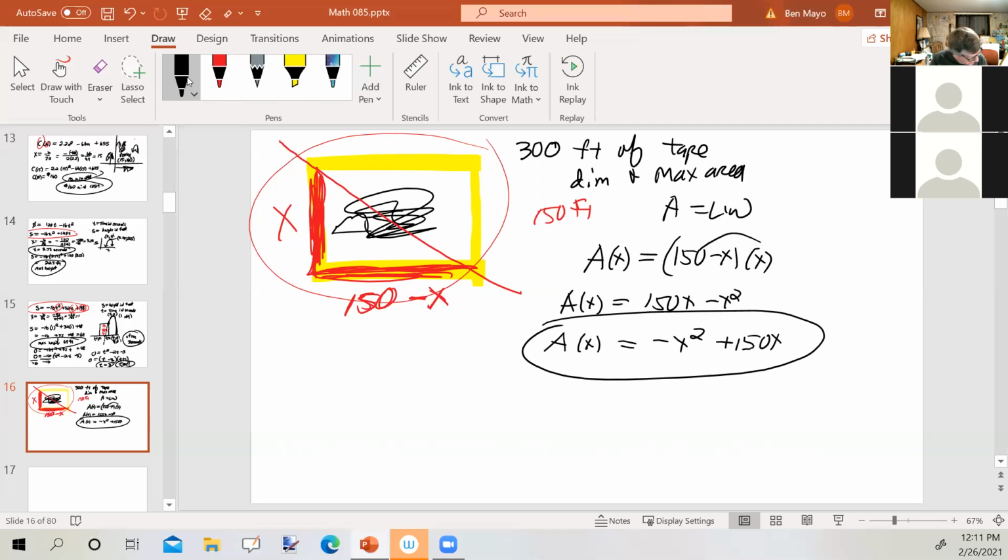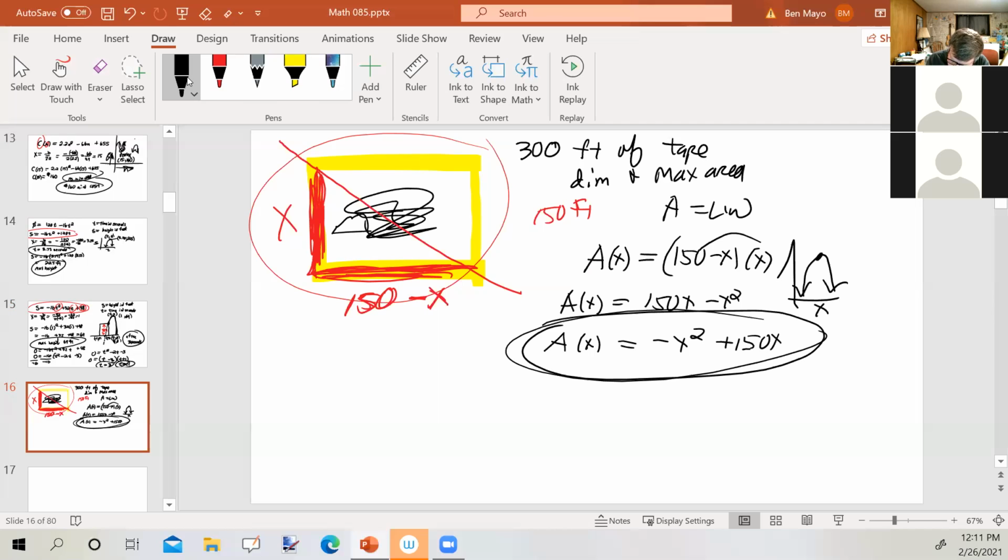Okay, now, again, what did it say to do? What dimensions should you use to seal off the maximum rectangular area? And what is the maximum area? So we need to find x so that we can get x and 150 minus x and then the maximum area. Well, again, this equation, it's a parabola. A is negative, little a, so it opens downward.